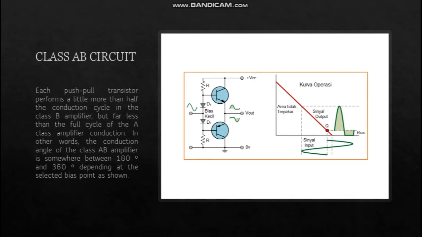In other words, the conduction angle of the class AB amplifier is somewhere between 180 degrees and 360 degrees, depending on the selected bias point as shown.